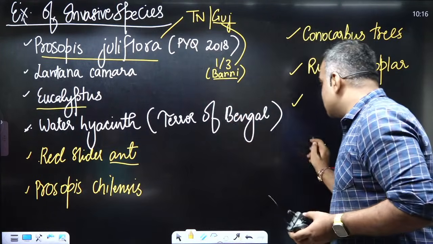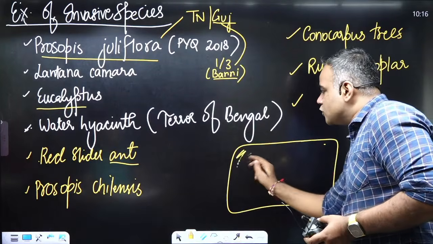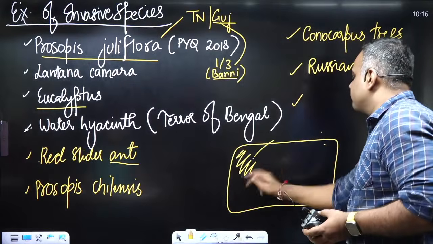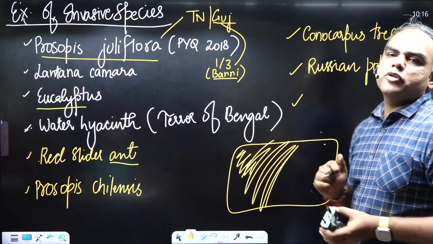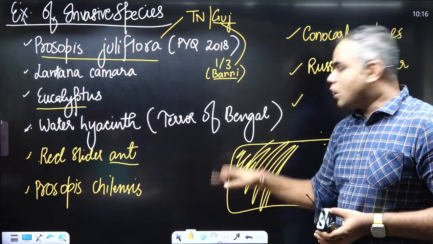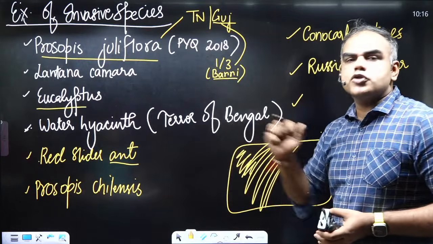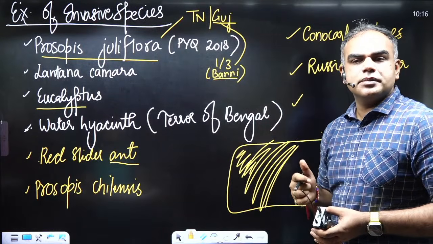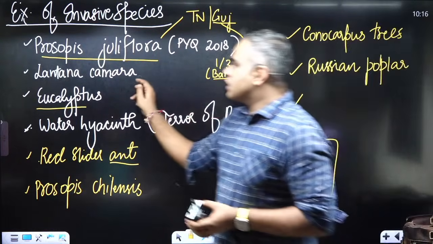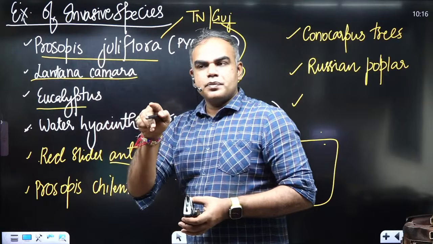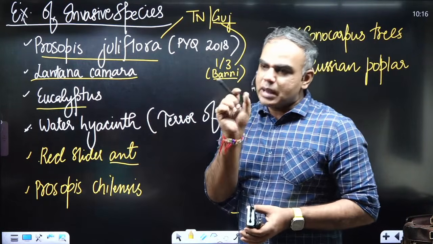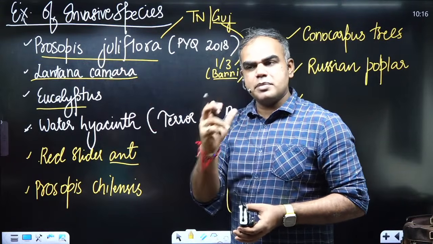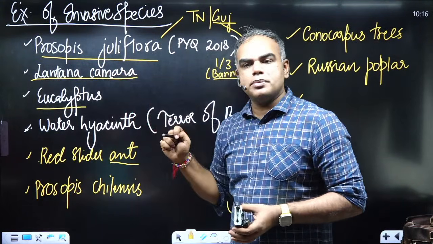So let's say in this area, if I have this much Prosopis juliflora, my work will go on, okay? But what if it spreads? Now there's a problem. Now removing it also requires money. Control and management of invasive species is very costly. In fact, removal of Lantana camara is a part of MGNREGA in Karnataka. To remove it too, people get money under MGNREGA because it's a huge problem.